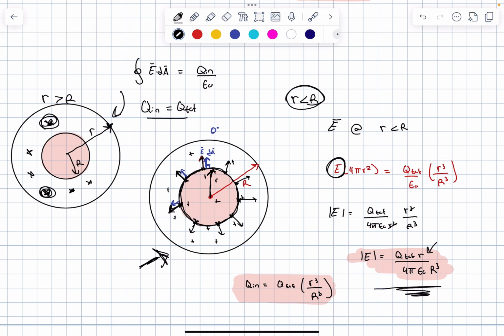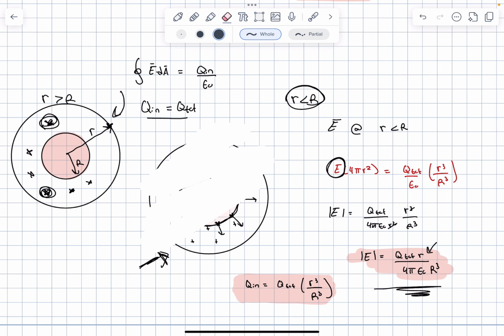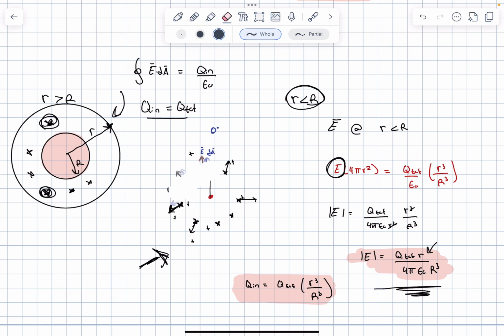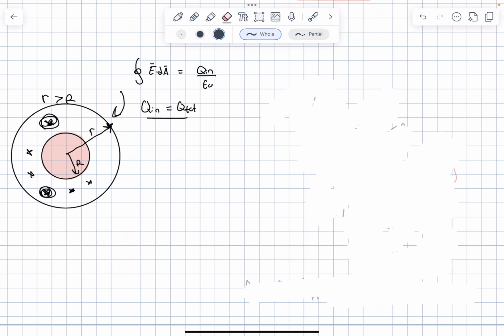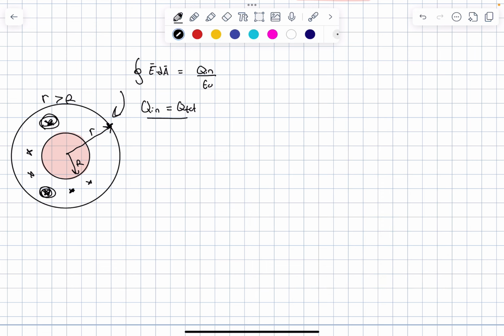So I'm going to go ahead and erase all this stuff, and we're going to figure out what the electric field is when little r is larger than big R. Here, I still have the same equation, and the same things apply where I can take my E out, and dA gives 4 pi r squared, because this is the surface area of my Gaussian surface that has radius little r.